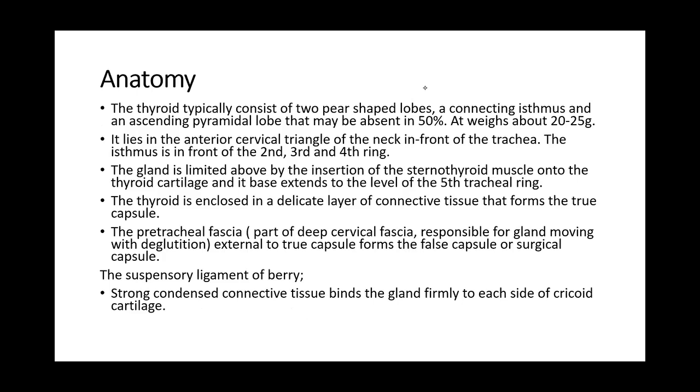Now, regarding the anatomy, we said the thyroid consists of two lobes. It's a pear-shaped organ that has two lobes connected by the isthmus. We said this thyroid gland is a butterfly-shaped or pear-shaped organ in front of the trachea.